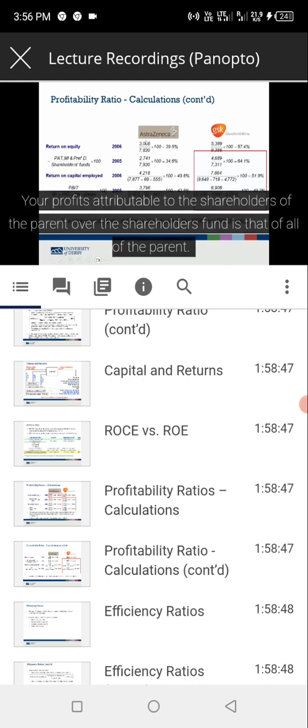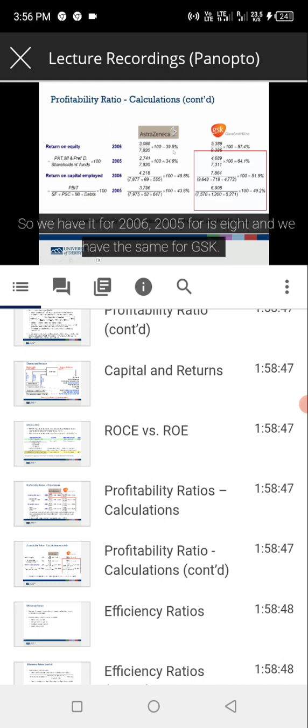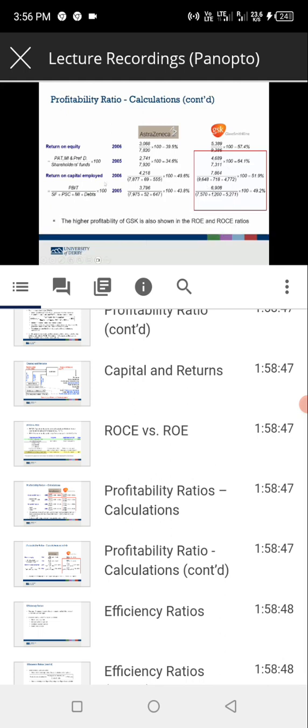Your profit attributable to the shareholders of the parent over the shareholders fund of the parent. Is that okay? So we have it for 2006, 2005 for AZ, and we have the same for GSK. When you do your calculation, we have 39.5 for AZ and 34.6 previously.